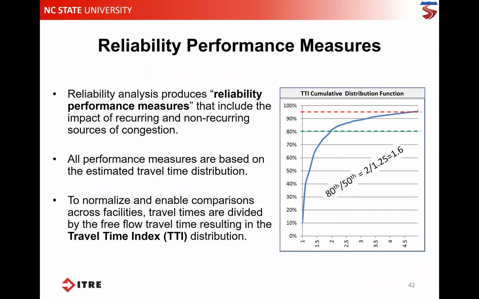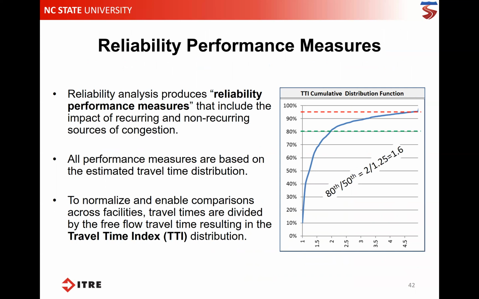Based on that, we can generate all kinds of performance measures from the travel time distribution. A lot of the time people focus on specific performance measures, but in reality, once you have the distribution, you can generate any travel time performance measure you want.